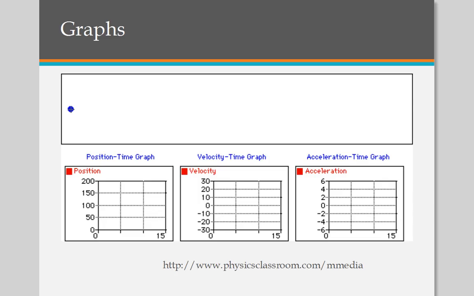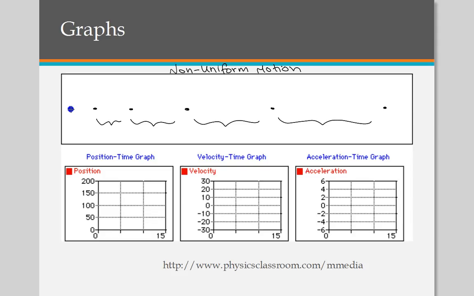Okay, so for non-uniform motion, a ticker tape drawing would be an example where the distance traveled in the same time frame is changing.